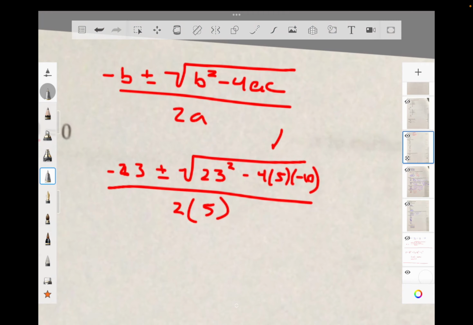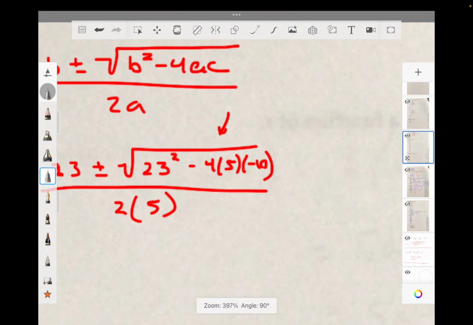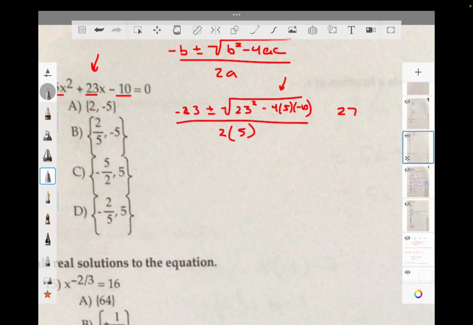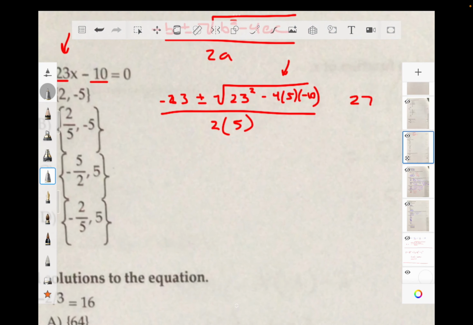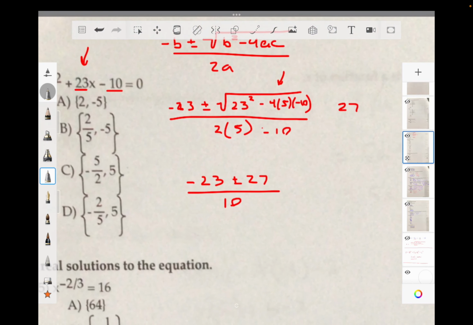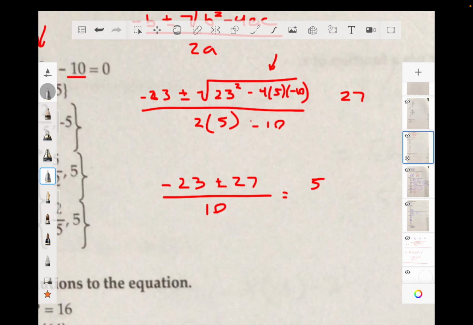If I recall, whatever the square root equals is 27. If I recall correctly, this is 10. So it's negative 23 plus or minus 27 over 10. Negative 23 plus 27 is... nope, 4 over 10.